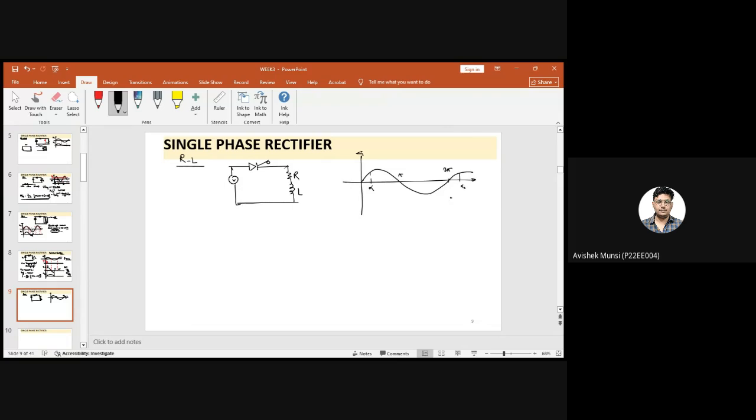Here it will store some energy similar to that of the L load. This is my V0. This is my V. This is beta, this is alpha, this is pi. So what will be my conduction time? That is beta minus alpha.